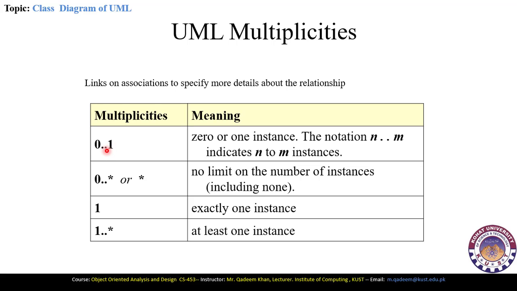The notation L to M indicates L to M instances, so 0 to 1 means that on that side no instance or exactly 1 instance can be created. 0..* or just * means that there is no limit on the number of instances that can be created on the other side of the class, so there can be multiple instances of this particular class. 1 means exactly 1 instance can be created, while 1..* means that 1 or more can be created, that at least 1 instance can be created here.